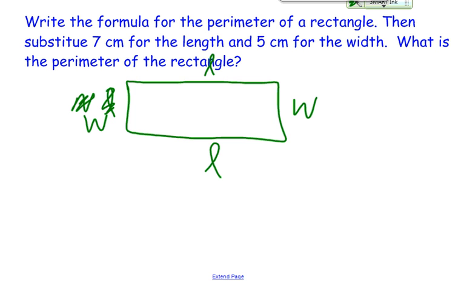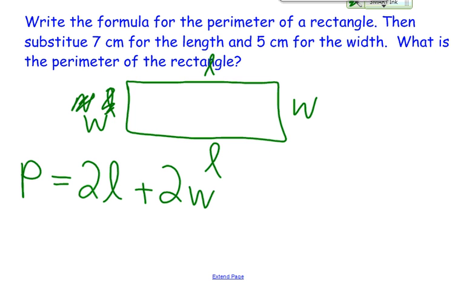We've learned this already: perimeter equals 2 times the length plus 2 times the width. That's the formula that we learned, because there are 2 W's and 2 L's.